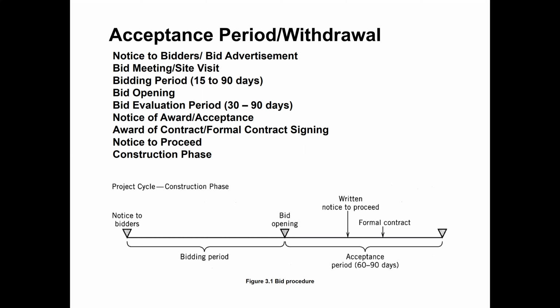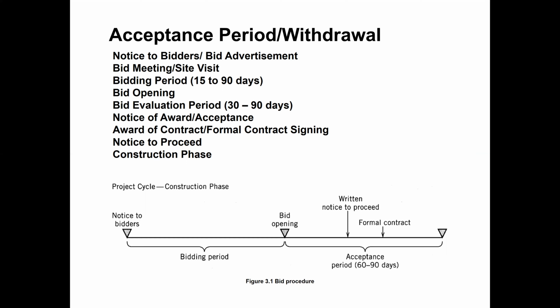First, when all the documents, as we discussed in chapter number 2, are ready, the design and bid documents, the book of specification, general conditions of contract, particular conditions, supplementary conditions, special conditions, all the forms, specifications and drawings, then we are going to advertise the project.